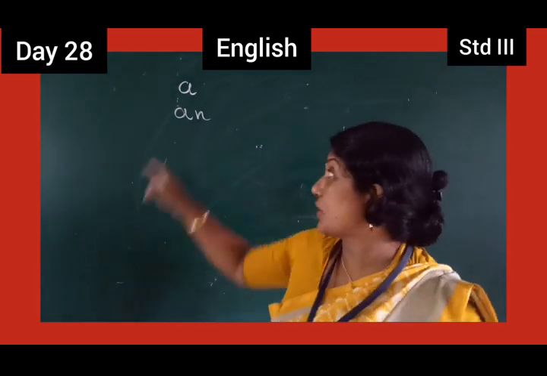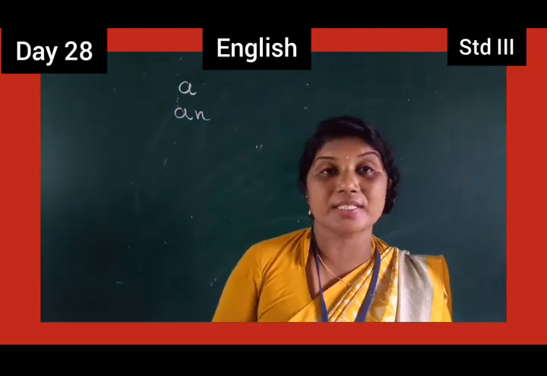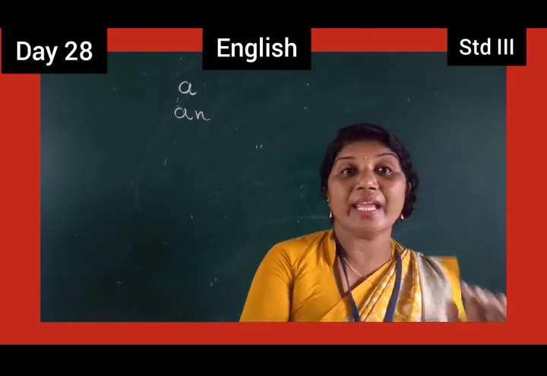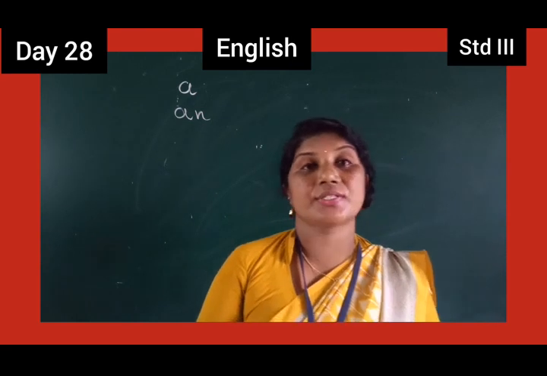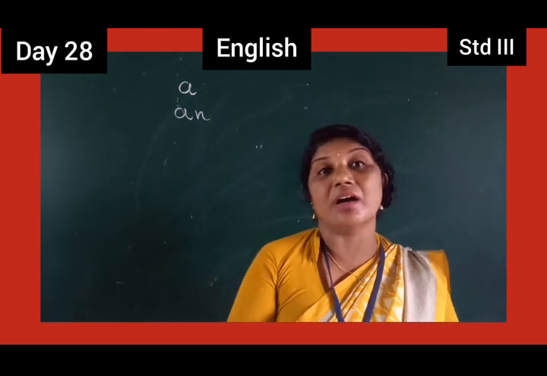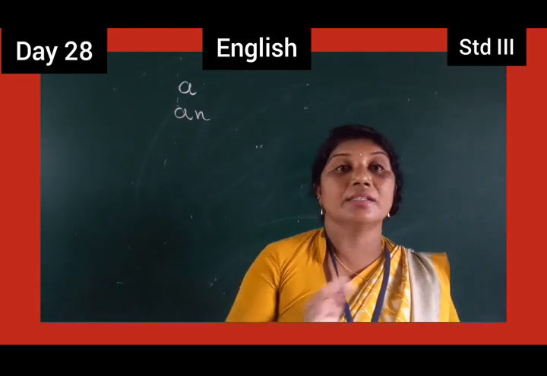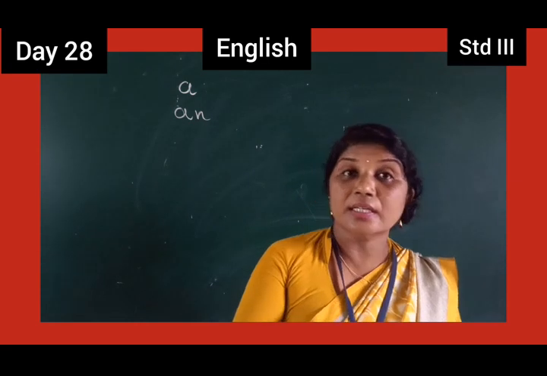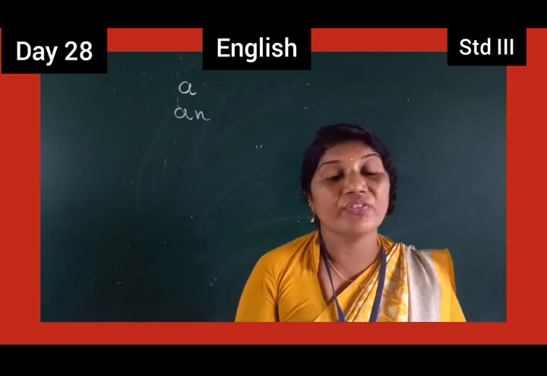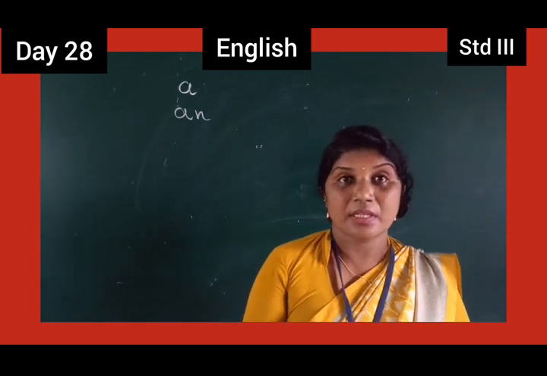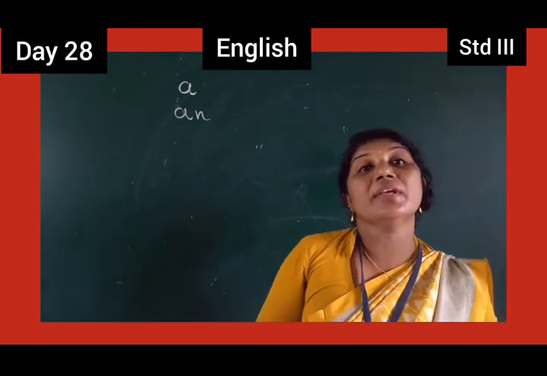Okay, children. How many letters are there in the English alphabet? There are 26 letters. Then A, E, I, O, U are vowels. Rest of the letters are called consonants. Then a, an and the are articles. A and an are indefinite articles. The is the definite article. Have you understood? We use a in front of the word beginning with a consonant.